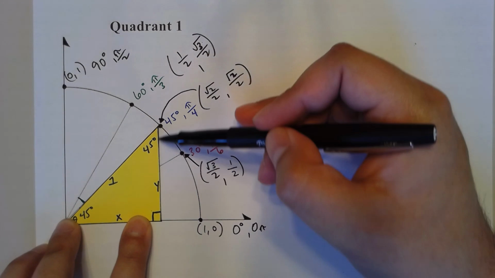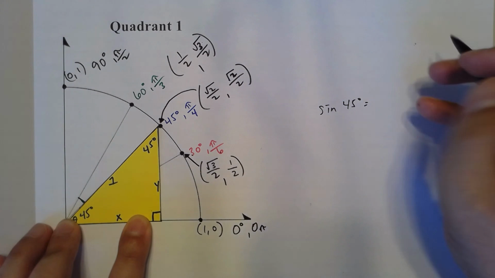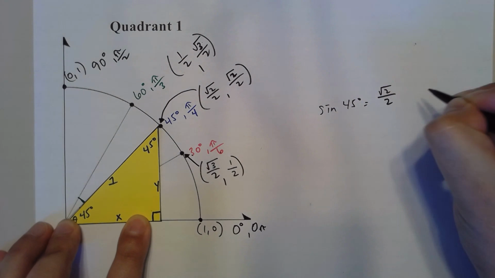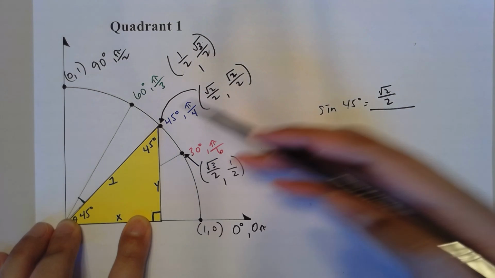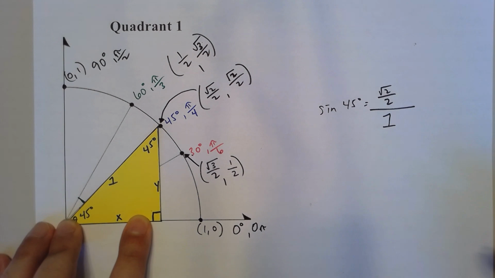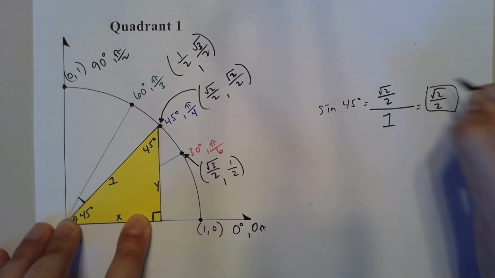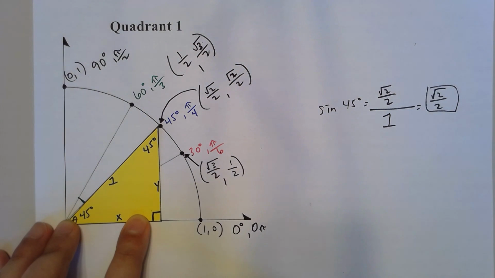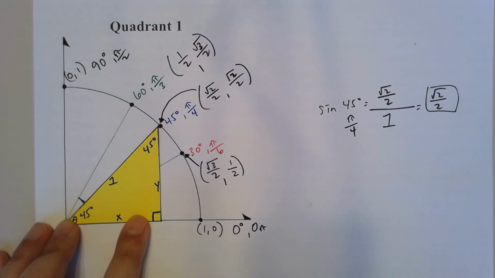What is this here? Well, this is going to be the square root of 2 over 2. So I'm going to go square root of 2 over 2 over hypotenuse, 1. Anything over 1 is just going to be itself. So sine of 45 or pi over 4 is the square root of 2 over 2.